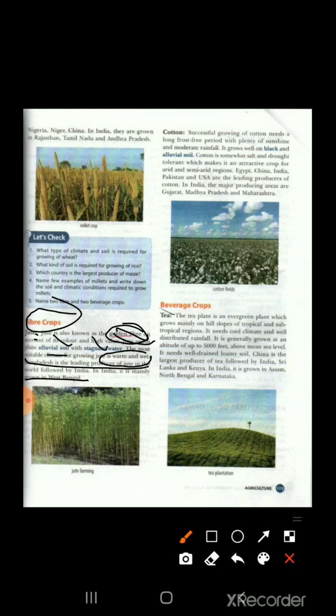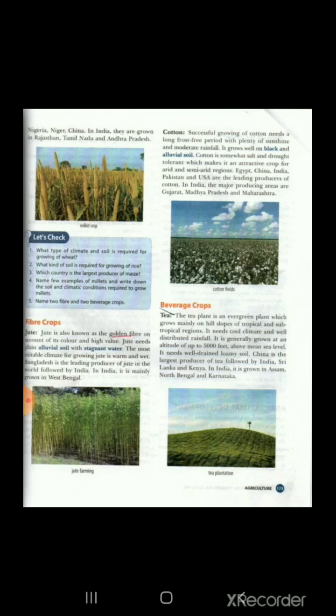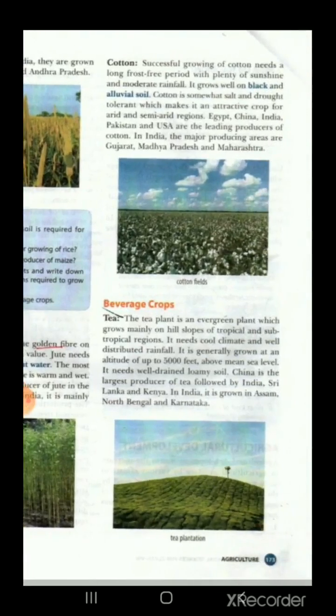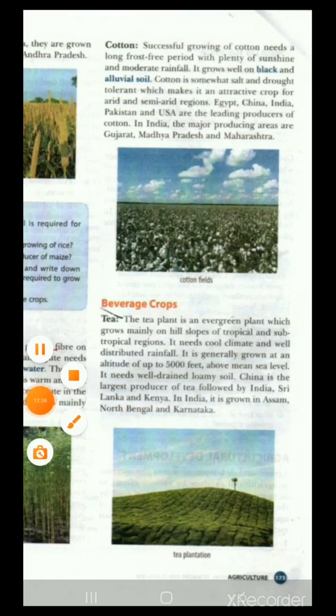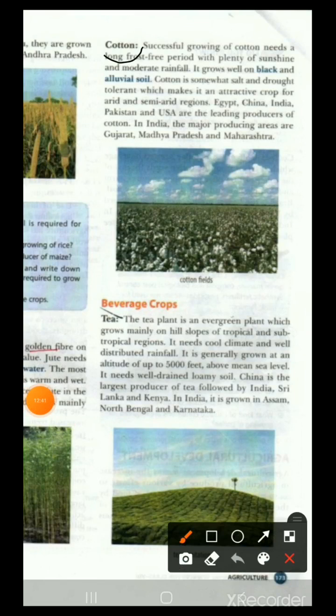Now the next one is cotton. Cotton is the most important fiber crop of the world, and that's why it is a universal fiber. Cultivation of cotton is labor intensive, meaning plenty of cheap labor is required.